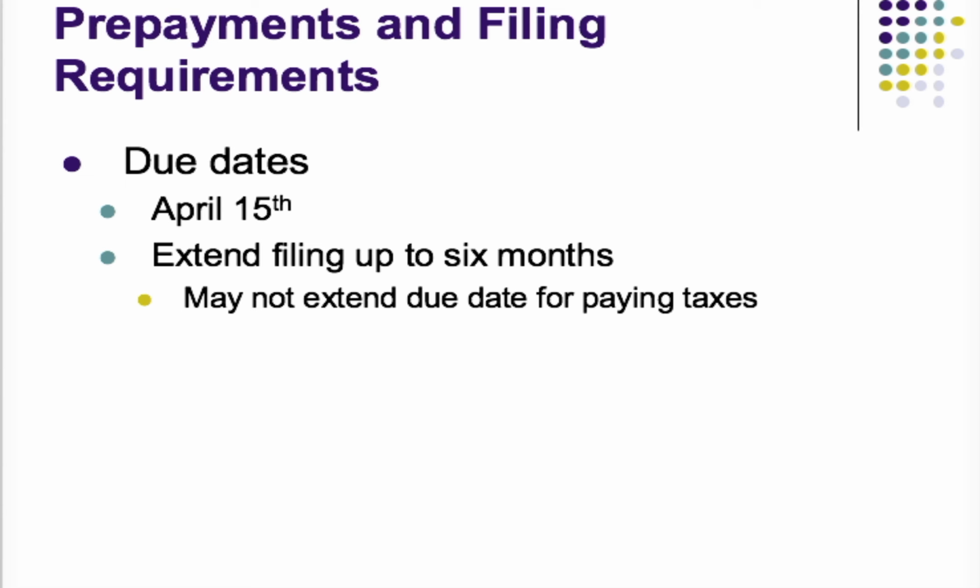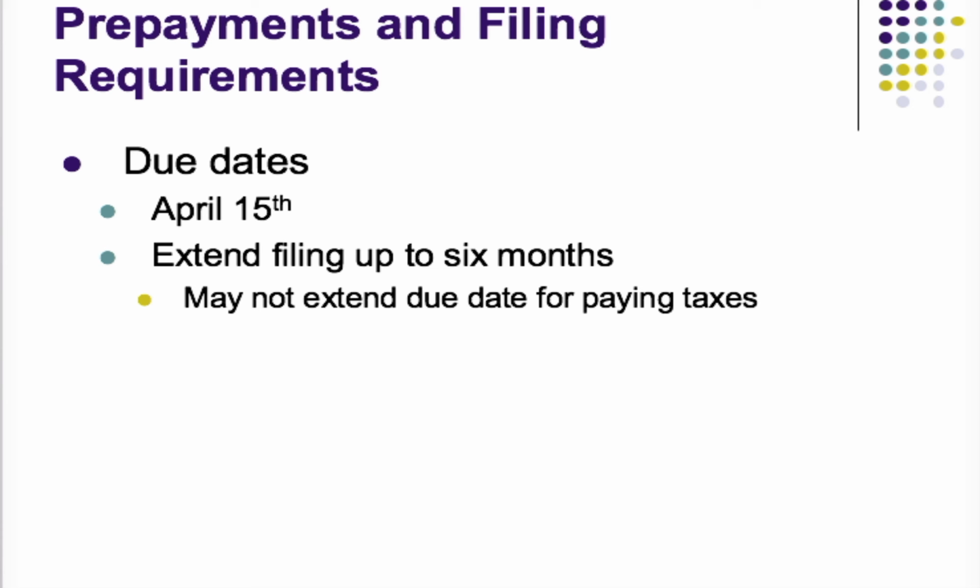So you're able to automatically extend, assuming you meet the deadline, for up to 6 months. So a lot of people will say, oh, I'm just filing an extension. But some people don't realize that the extension is only for actually filing the paperwork. That does not excuse you from paying any taxes that might be due.